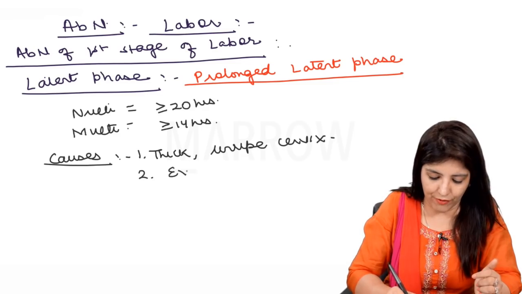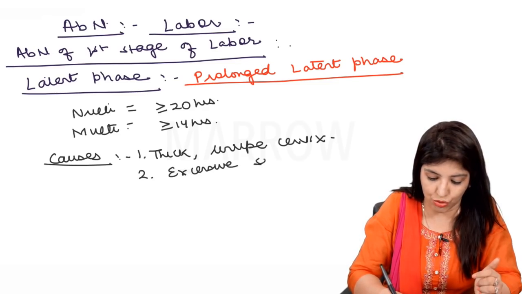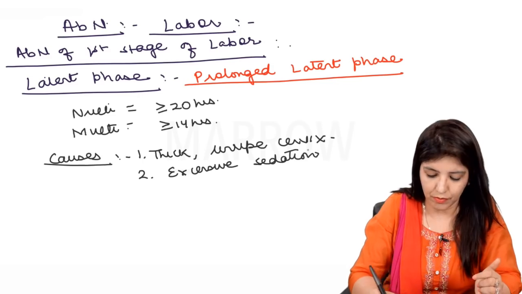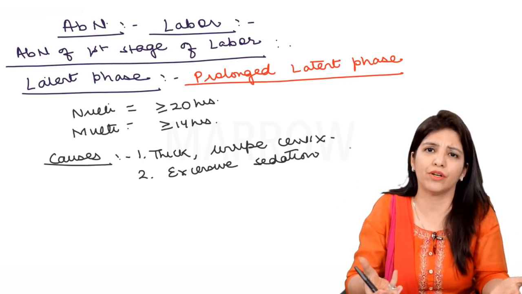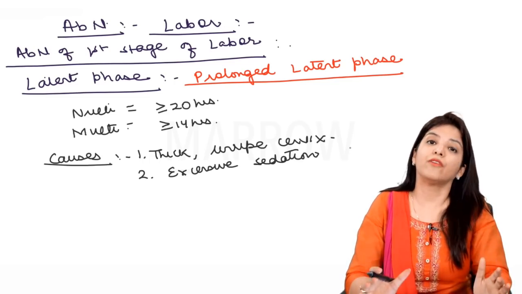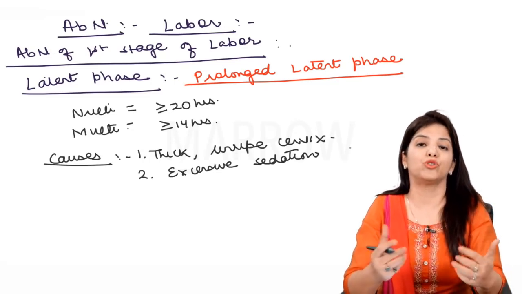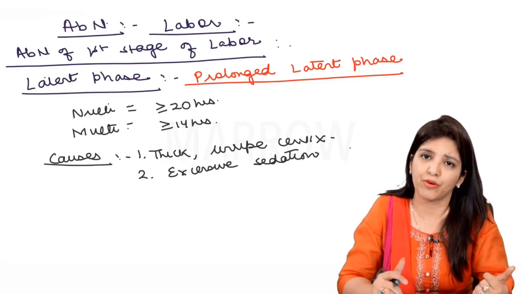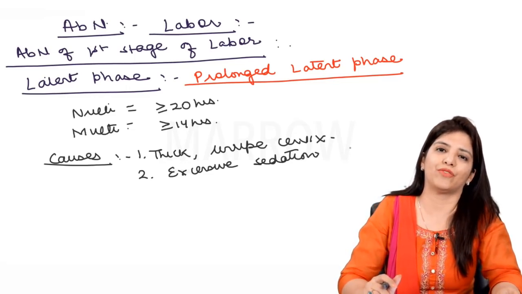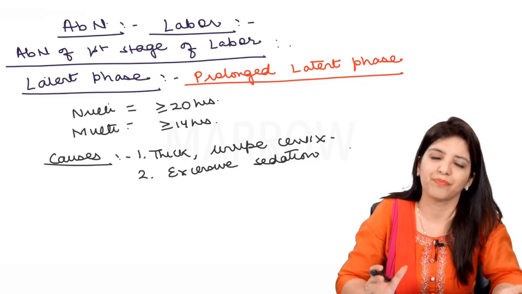Number two, if you have given excessive sedation to the patient. If I have given excessive sedation, I know that I have given it. If the cervix is unripe, I will do a per-vaginal examination and I'll come to know that the cervix is unripe. The drug of choice for ripening of the cervix is dinoprost.